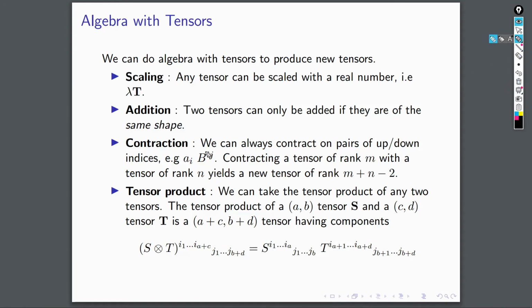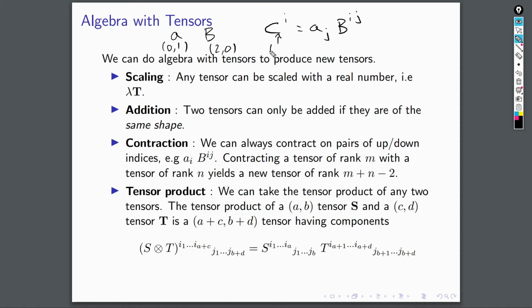Okay? You can contract. So scaling a tensor gives you a tensor. Adding a tensor gives you a tensor. You can also contract. If A is a tensor and B is a tensor, let's say this is a 0, 1 tensor and this is a 2, 0 tensor, then the tensor, let's call it C, with upper index i, is equal to A_j B^(ij), summing over the j's, of course.